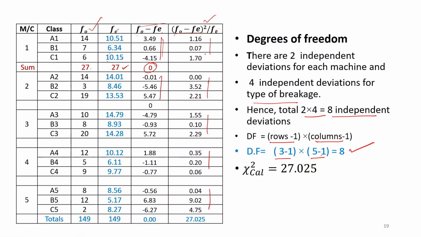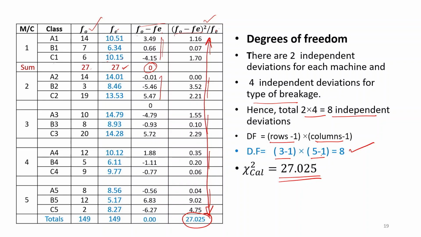And if I add all those individual chi-square values, right from here to here, we get a figure 27.025. This is the calculated chi-square value. And now what is left?